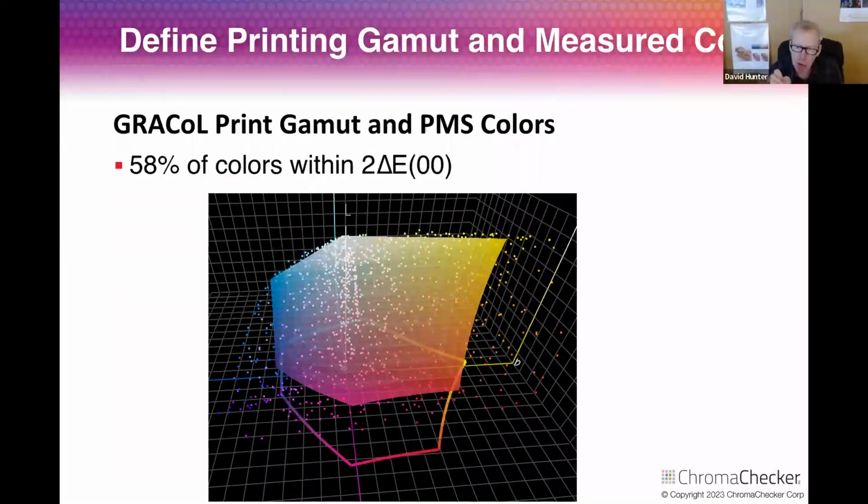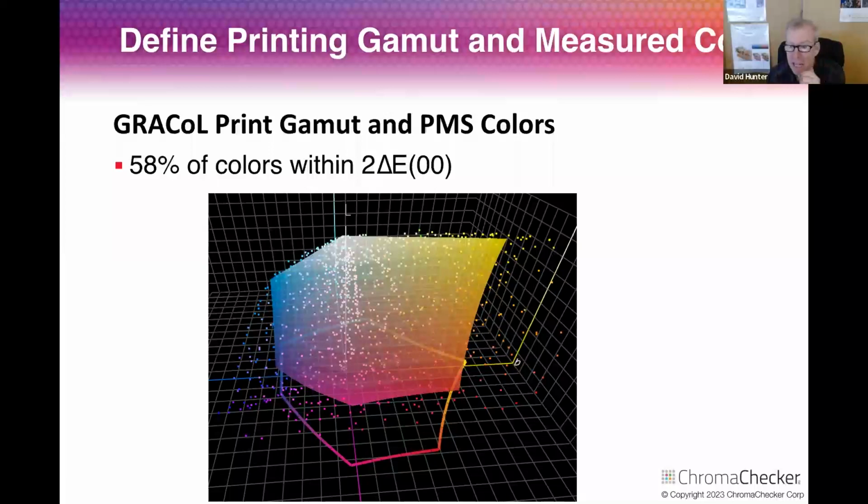And then each of those dots that you see there are Pantone values, 1800 Pantone values in the same CIELAB color space. So you can see some of those dots are inside the Grackle gamut and some are outside the Grackle gamut.